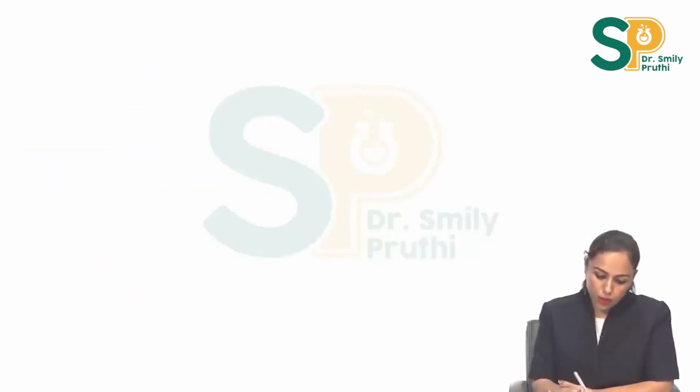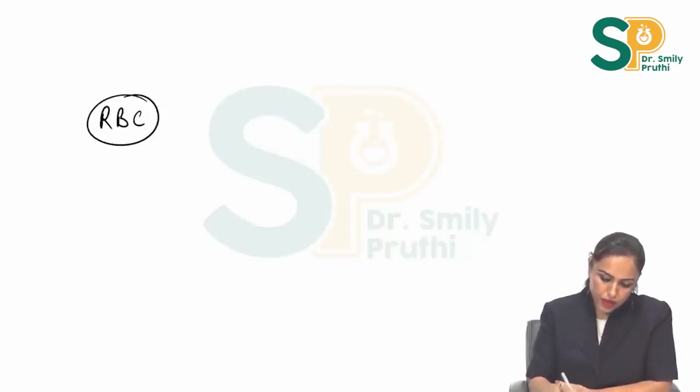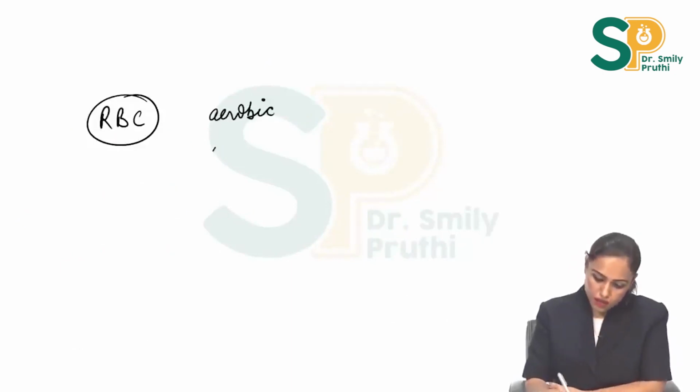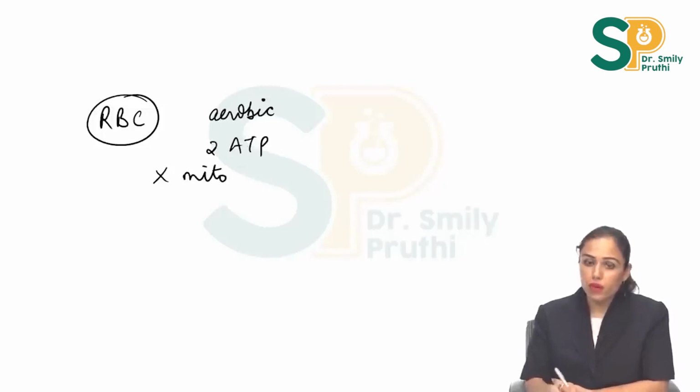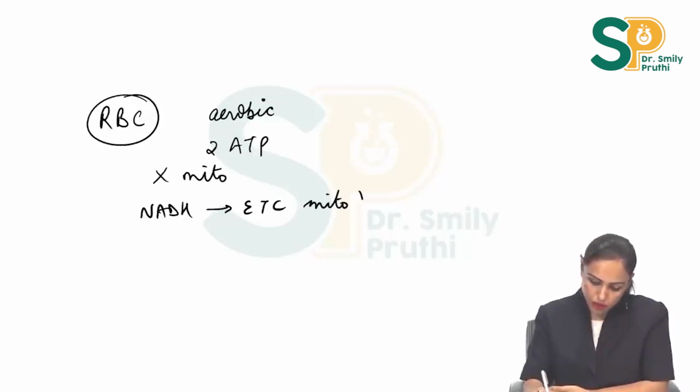Now if I ask you how many ATPs are formed in RBC in aerobic state, what is the answer? Answer is 2 ATP. See how? RBC have no mitochondria. ETC, where NADH gives 5 ATPs, occurs in mitochondria.